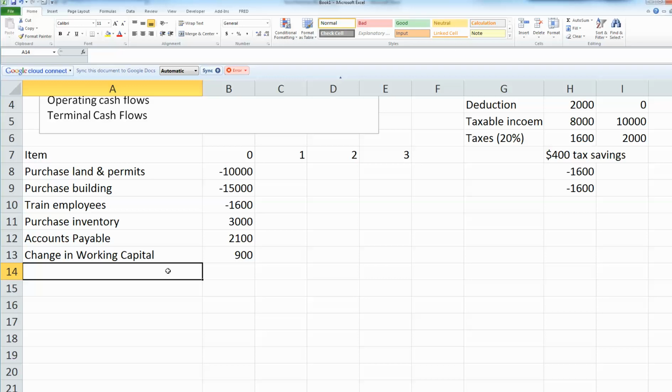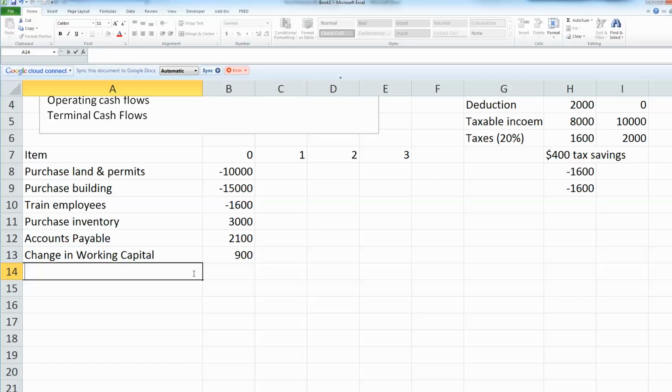Now, what I really care about is the change relative to the preceding year. But the preceding year I hadn't undertaken this project yet, so the change in working capital associated with this particular project was 0.